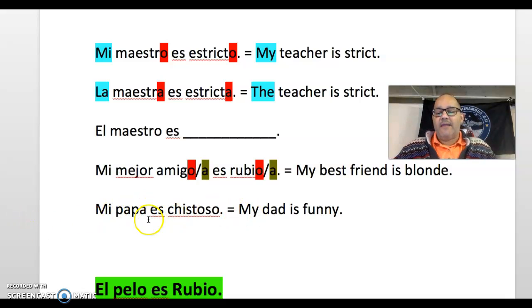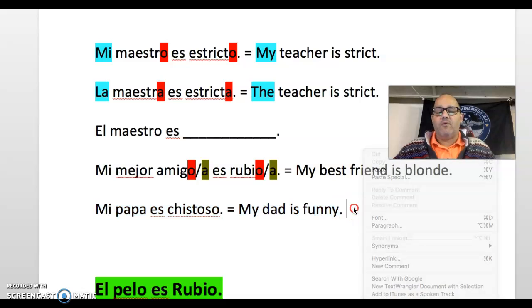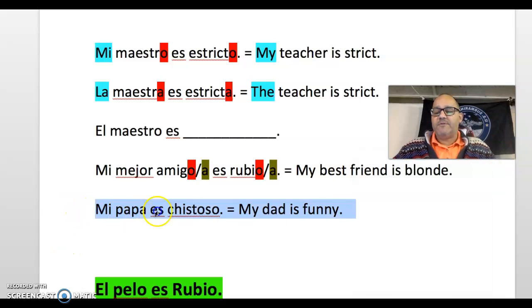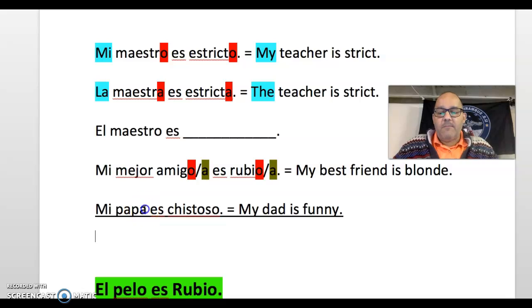And why did I write this one? Because I want you to see the exception to the rule. "Mi papá es chistoso." Look, "papá" ends in A, but wait, how come "chistoso" doesn't end in A?